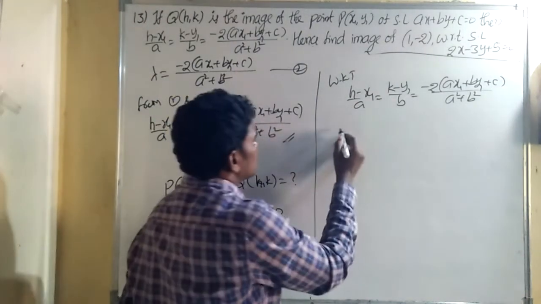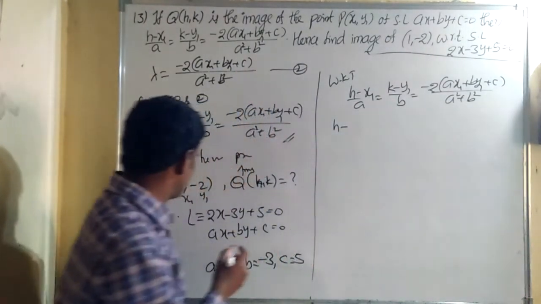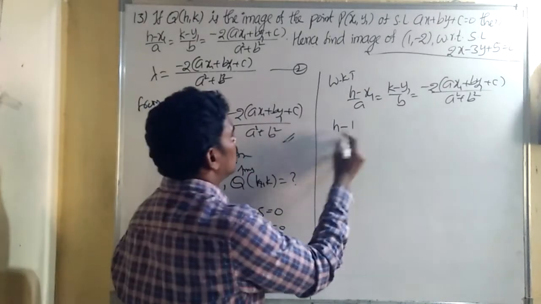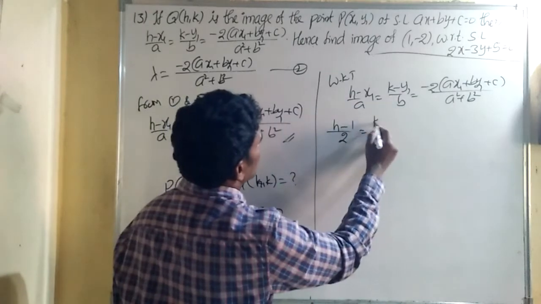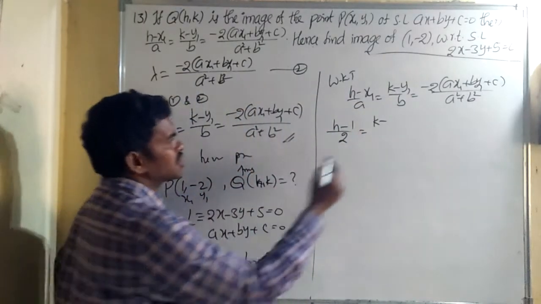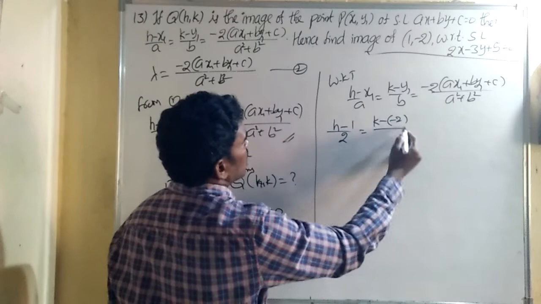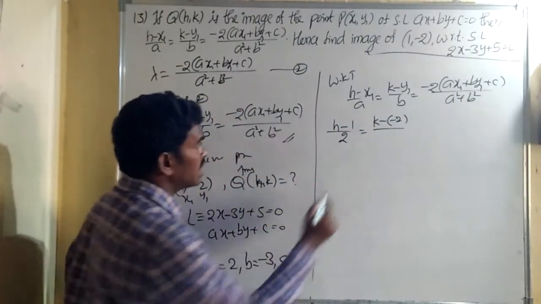So now h minus x1 means what? x1 means 1, by a means 2, is equal to k minus y1, y1 means minus 2, so minus 2, by b means minus 3.